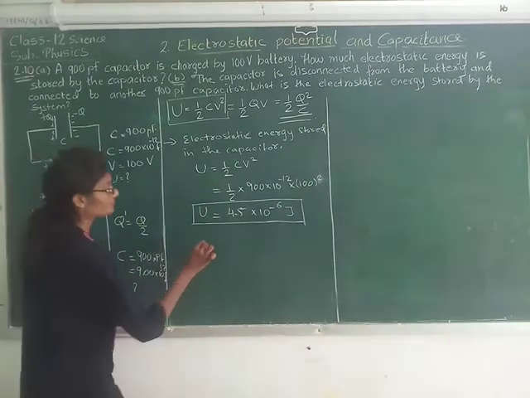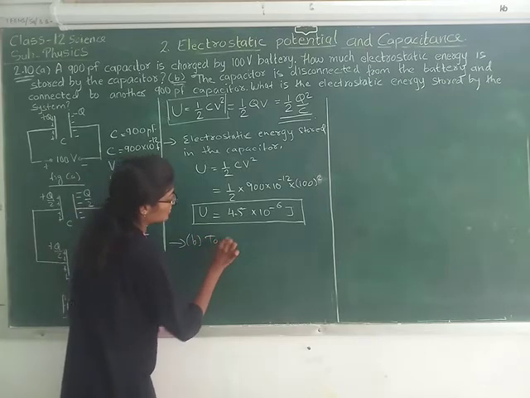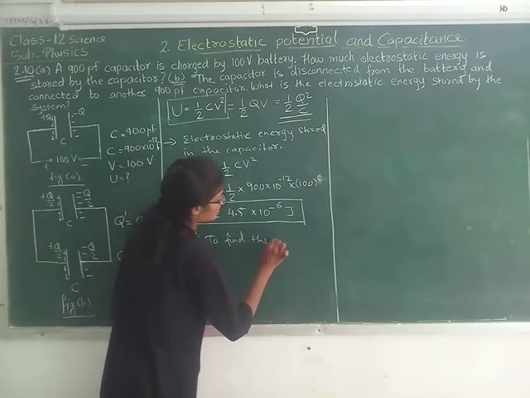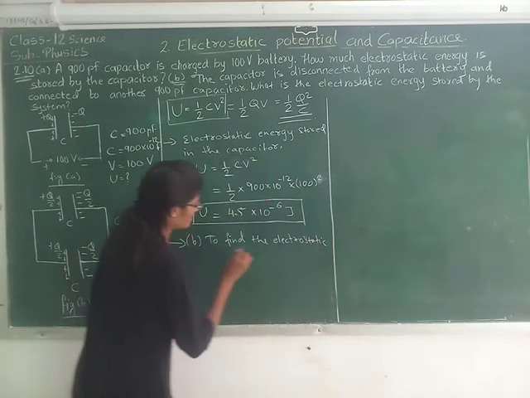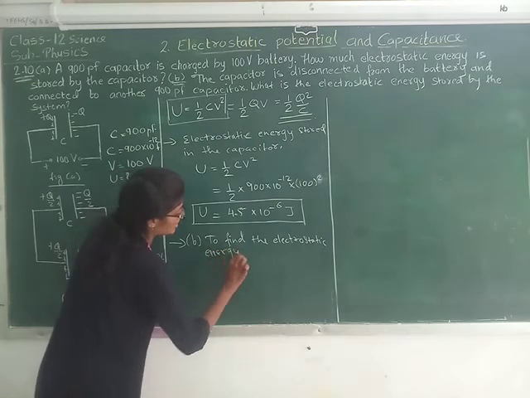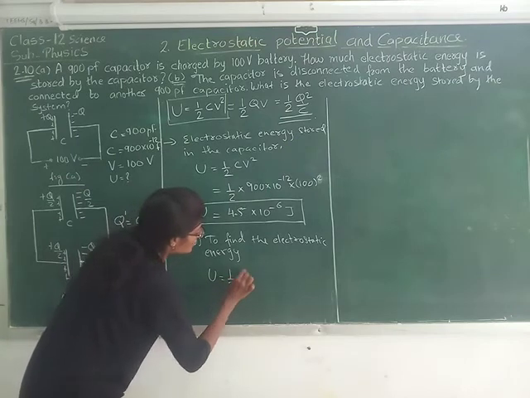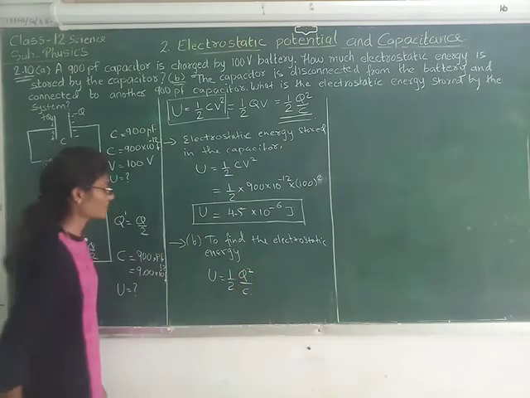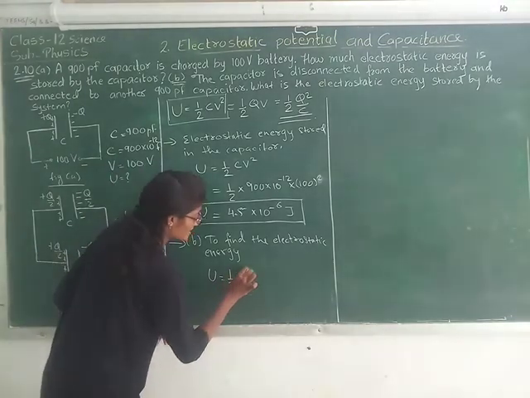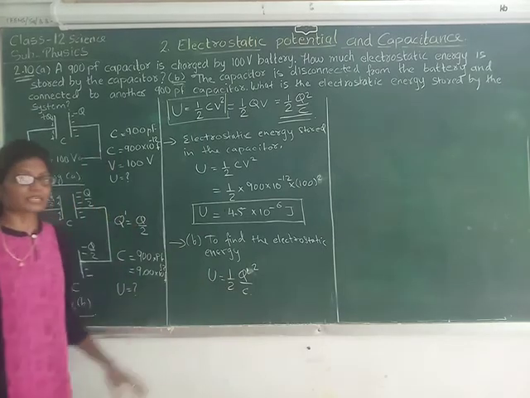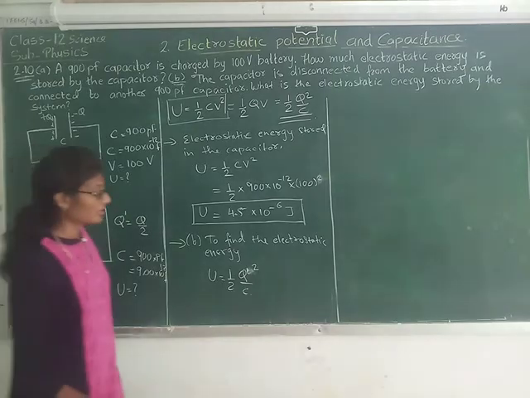The electrostatic energy: using the equation U equals half Q square by C. Right? But here we have Q dash, so let us write it as Q dash square by C. What is Q dash that we need to find?